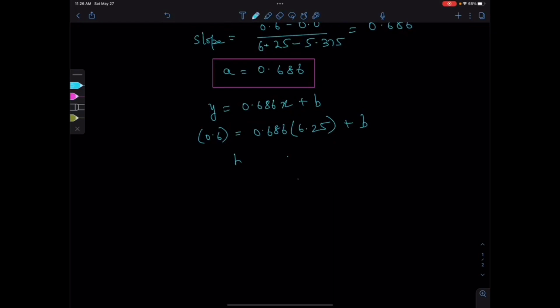So b equals negative 3.69, which means log K equals negative 3.69 and K equals 2.0 times 10 to the negative 4.